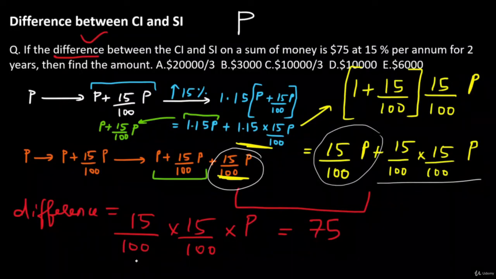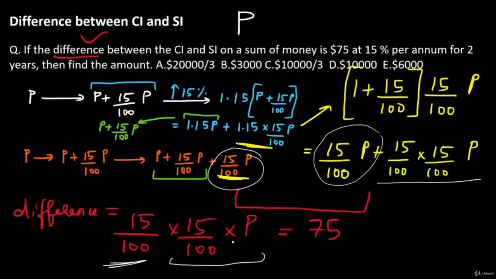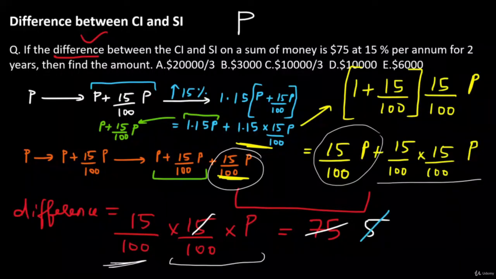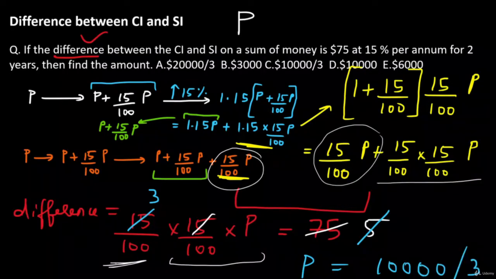This is nothing but 15% on the interest for the first year, right? Which is 15 by 100 into P. So this is 15% on the interest for the first year, and that is equal to 75. Now we can just go ahead and simplify this, right? So we get that P is equal to 100 into 100 by 3, which is equal to 10,000 by 3, which is answer option C.